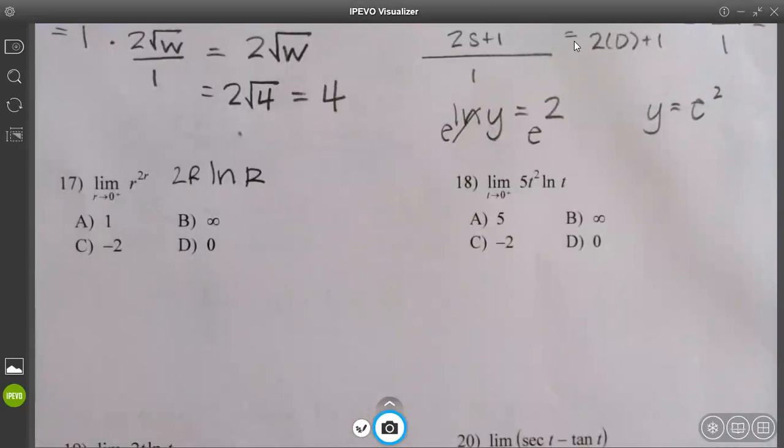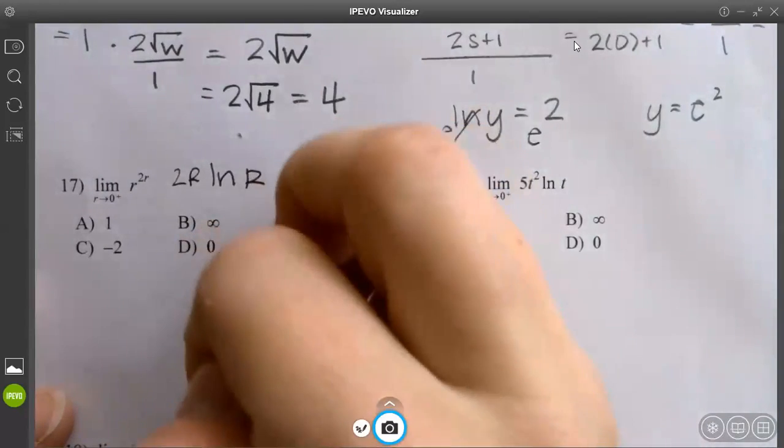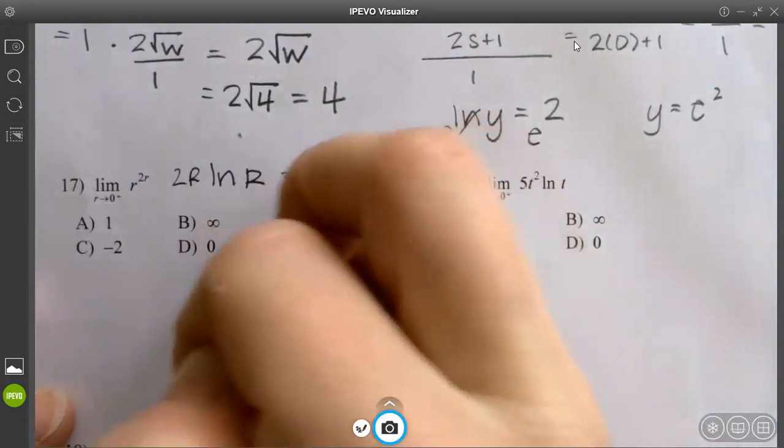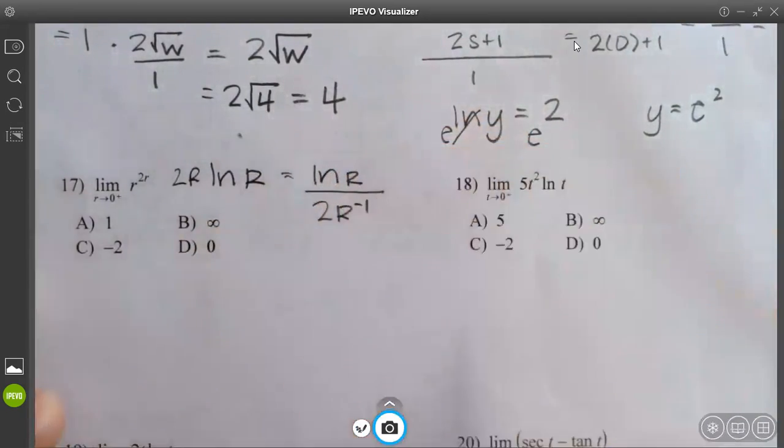I'm just saying in my work, I left the r out. I don't think it's going to change the answer at all. All right, so how do I fix it? Make it 2r to the -1.